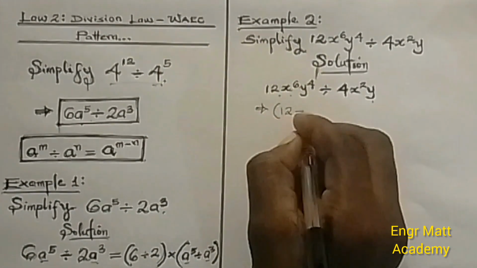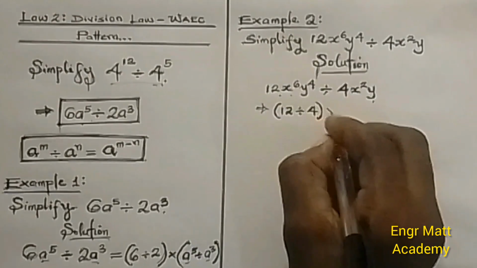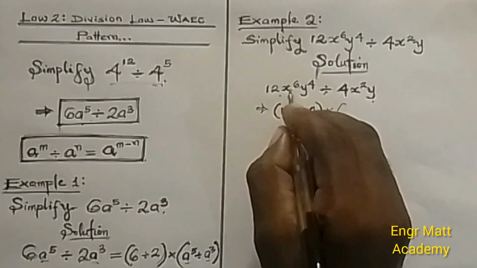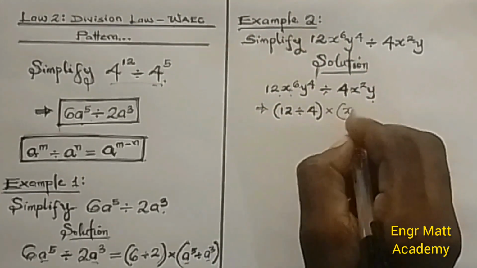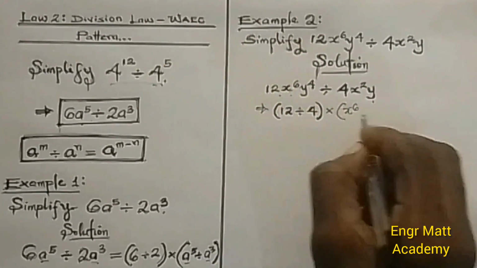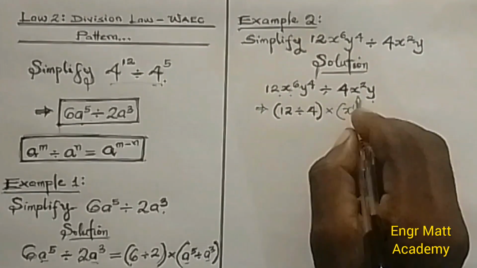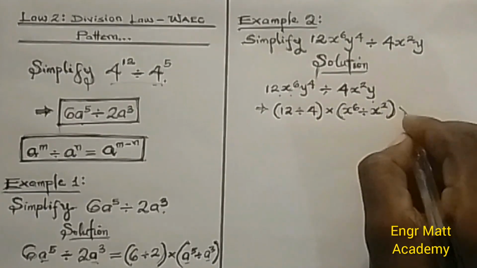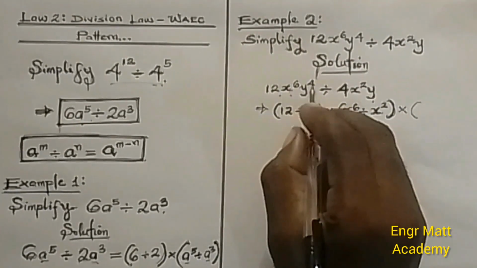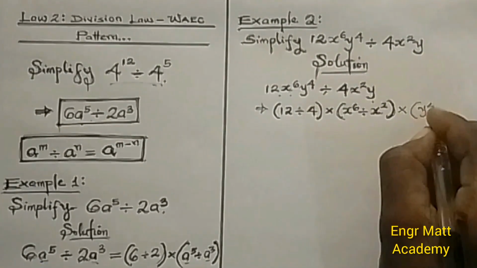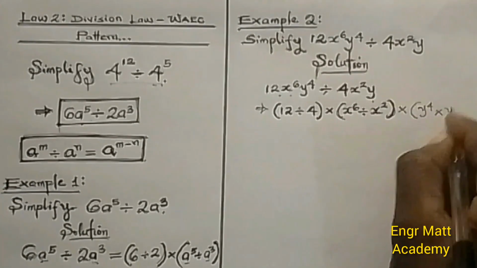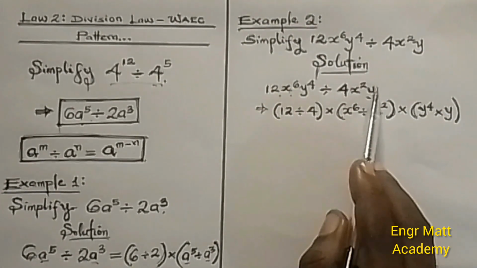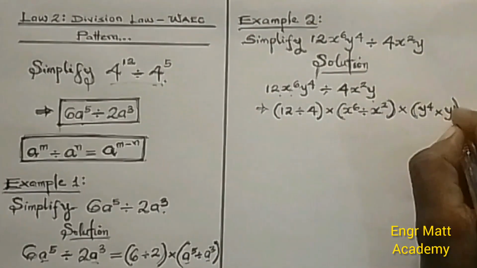12 divided by 4 times x raised to power 6 divided by x squared, times y raised to power 4 divided by y. Here it looks like y has no power, but it has. The power is 1. So let us write it.